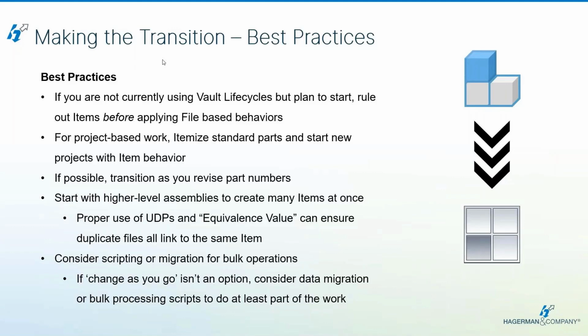And then for those situations where you may have duplicate files in the Vault that have the same part number that kind of got scattered around, the item records are a way to consolidate that data.